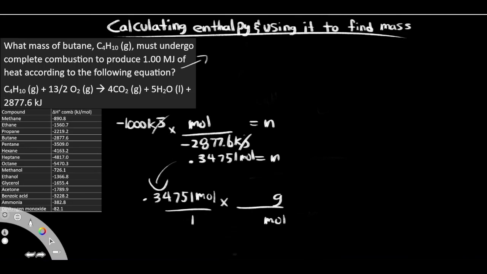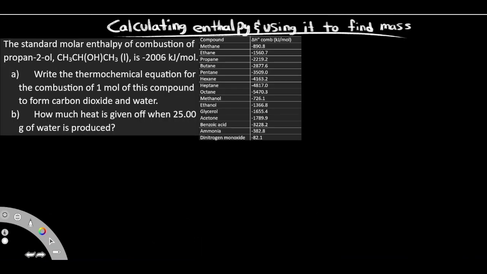You add them all up, you end up getting a number of 58.14 grams per mole. So this cancels out, this cancels out. What do you end up getting? The total value of 20.20 grams. That's the answer.